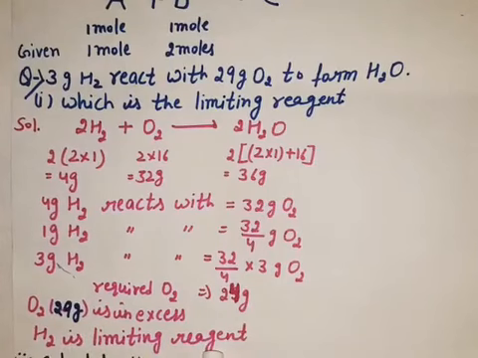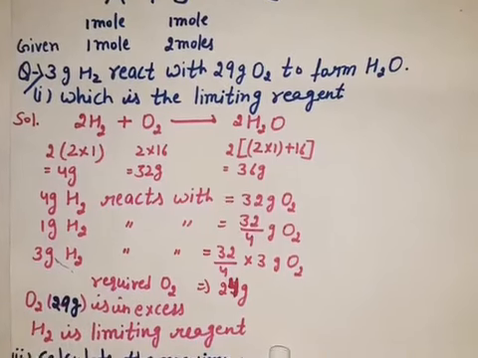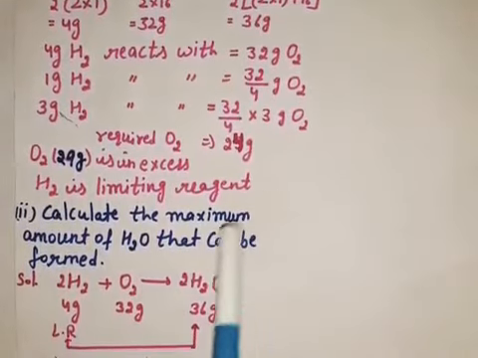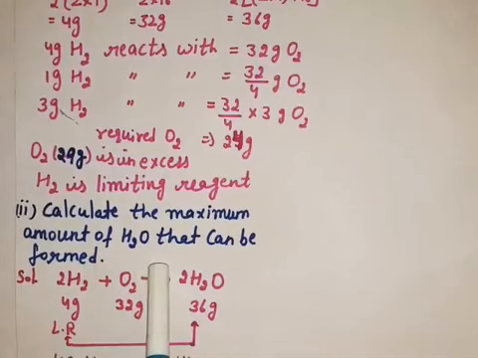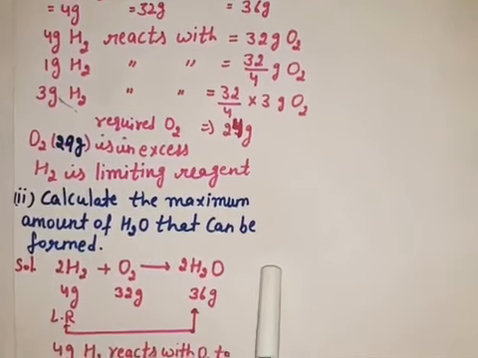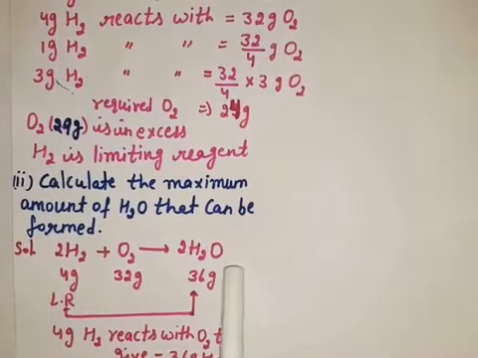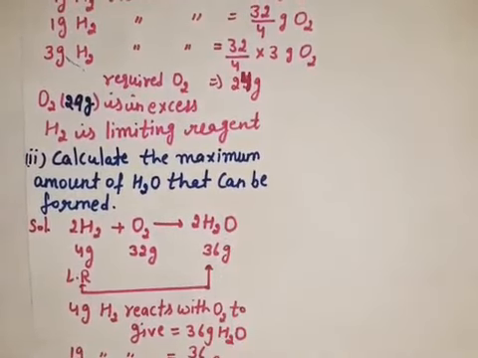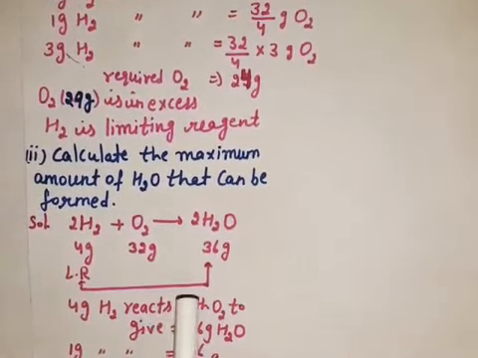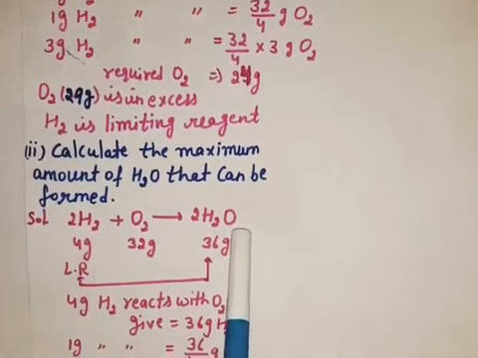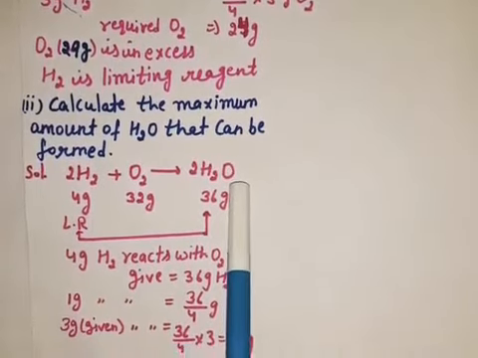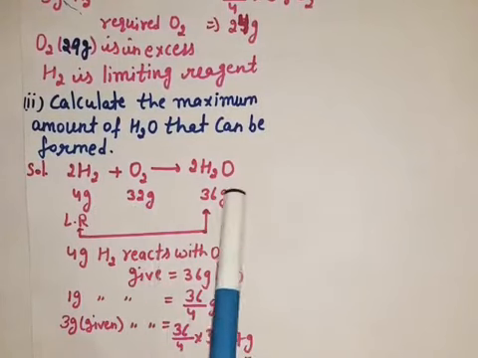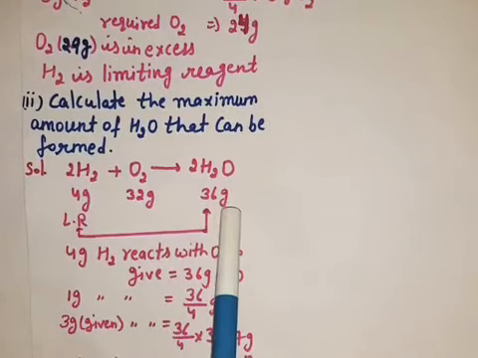Now the second part of this question is to calculate the maximum amount of water that can be formed. Now you have to tell the amount of product. So this is the chemical equation, right? Here 4 gram of hydrogen reacts with 32 gram of oxygen to give 36 gram of water.